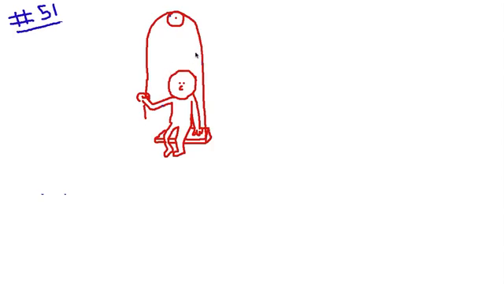Okay, so for number 51 in Physics for Scientists and Engineers, we have this system in which Patrick is pulling on a rope to bring himself up to a certain height in a tree.